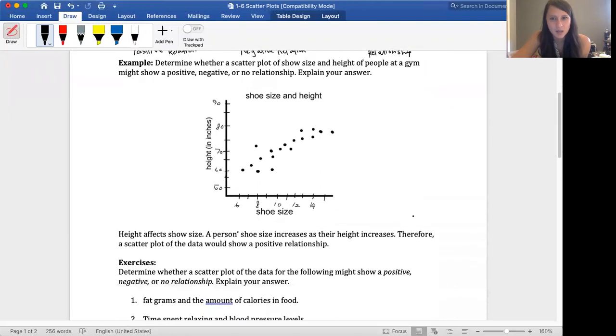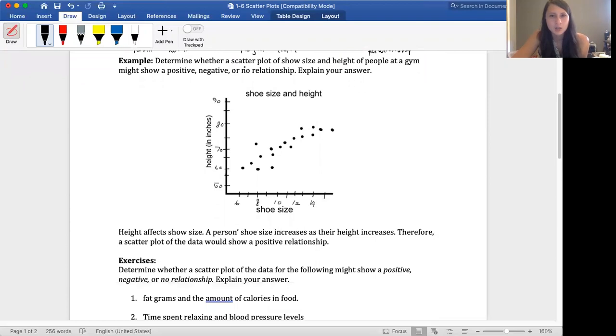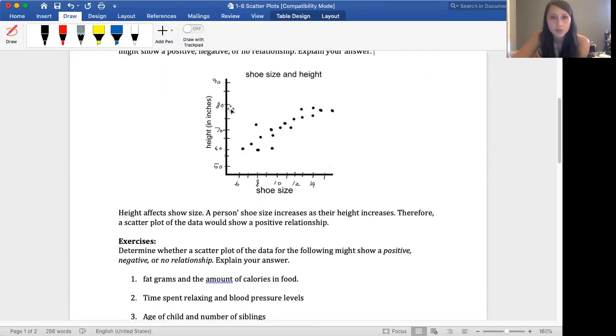So let's look at an example. Determine whether a scatter plot of shoe size, sorry, there's a typo, shoe size and height of people at a gym might show a positive, negative, or no relationship. Explain your answer. As people walk into the gym, we measure everyone's shoe size, and also we measure their height.